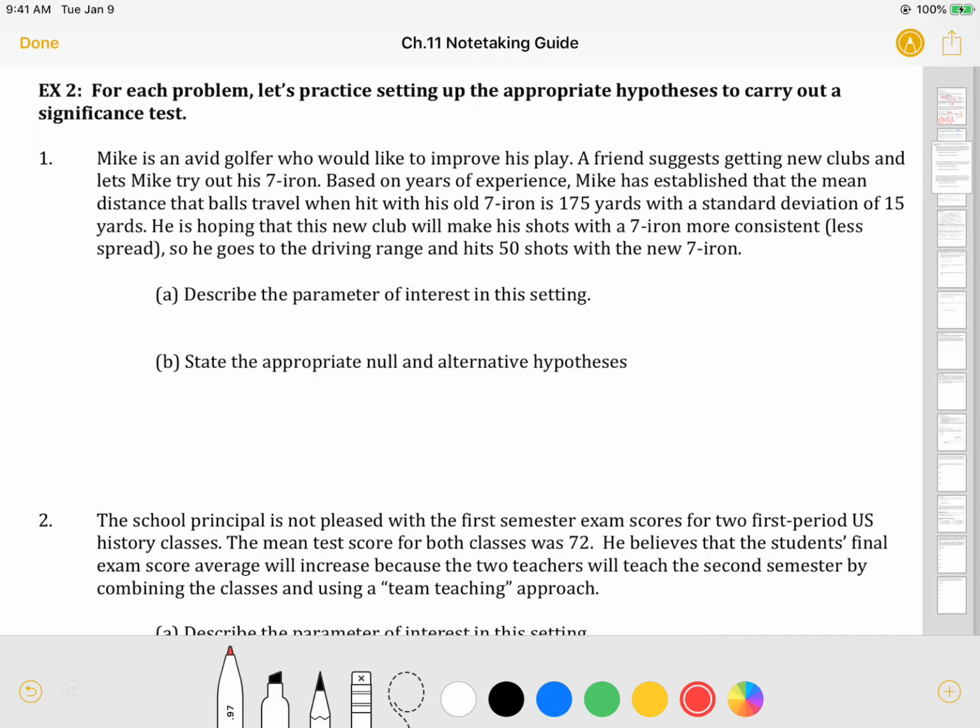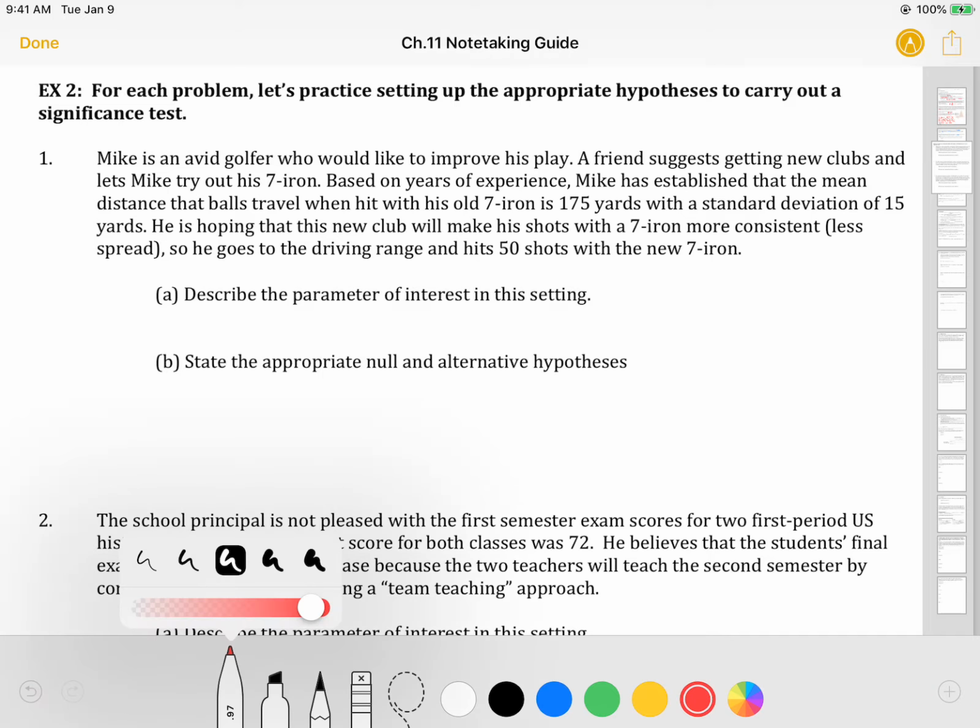Based on years of experience, Mike has established that the mean distance that balls travel when hit with his old 7-iron is 175 yards with a standard deviation of 15 yards. He is hoping that this new club will make his shots with the 7-iron more consistent.